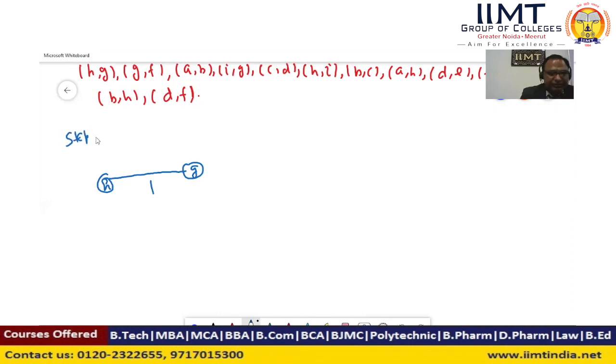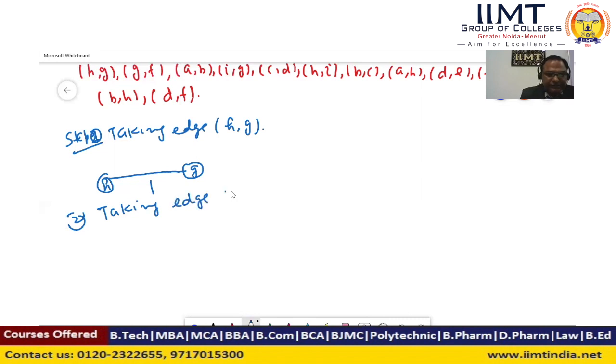In step number 1, we take h comma g. तो ये हमारा ग्राफ अभी तक मिनिमम स्पैनिंग ट्री कॉस्ट का ये बना. Now step number 3, we will again take the next edge, g comma f.